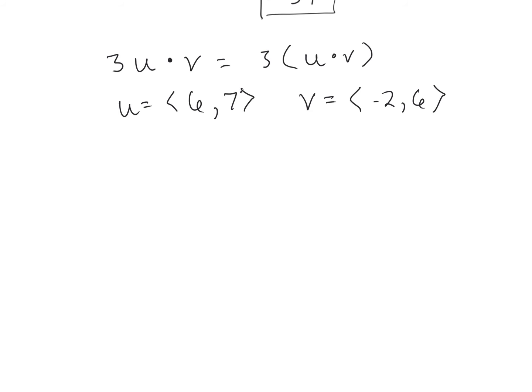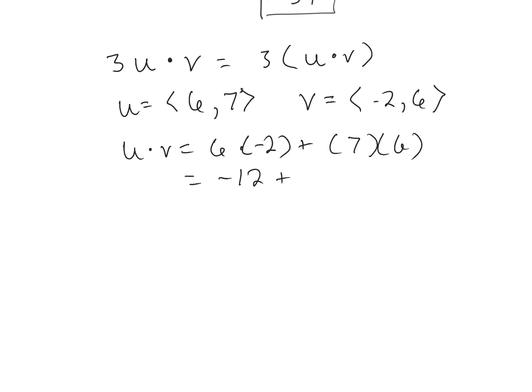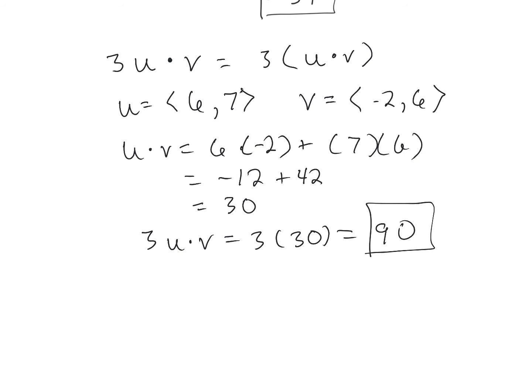So we can find the dot product first, and then multiply everything by 3. The dot product is 6 times -2 plus 7 times 6. This gives us -12 plus 42, which equals 30. Then 3u dot v equals 3 times 30, which is 90.